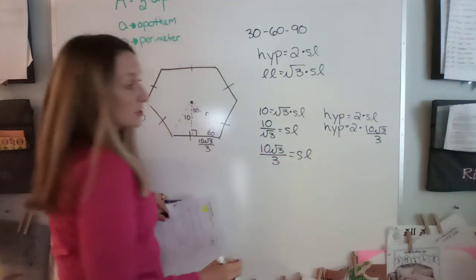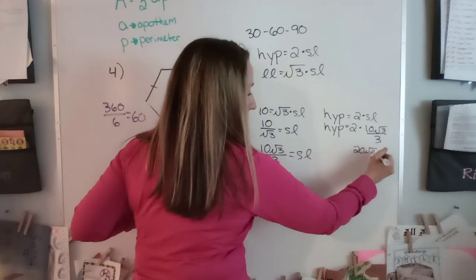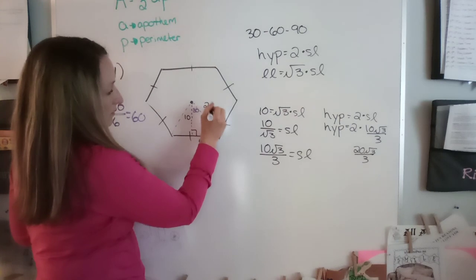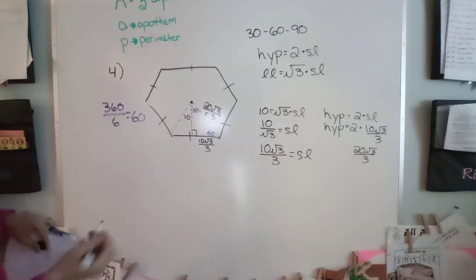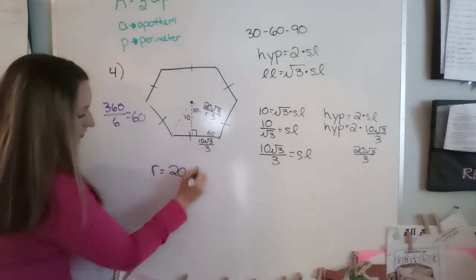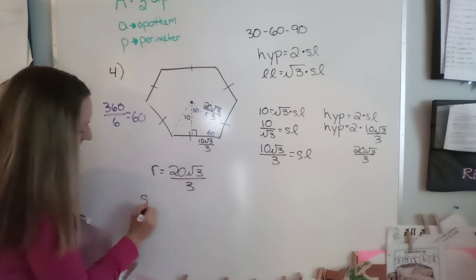So that's going to give me 20√3 over 3. So I now know my radius is equal to 20√3 over 3. But I still need to figure out one of my side lengths.